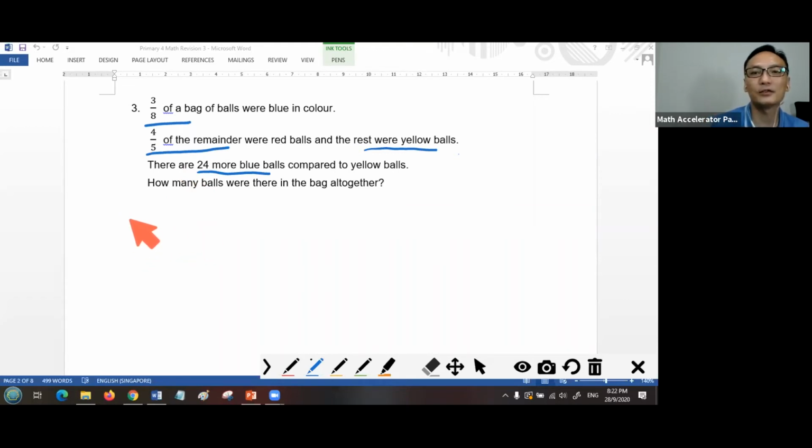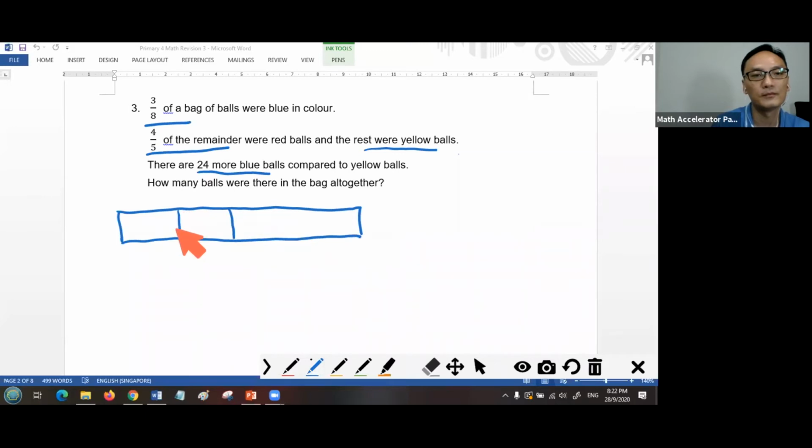8. Right, thank you everybody, quite fast. Amelia, Kaisian, Dira, thank you everybody. So we're going to draw 8 units. Out of 8 units, we're going to shade 3, and this will be for the blue color. 4/5 of the remainder were red.